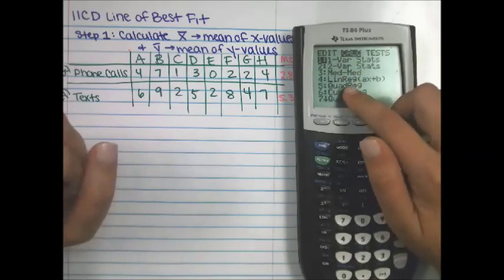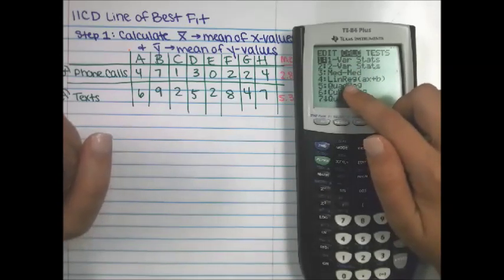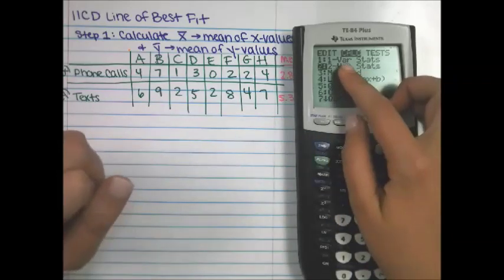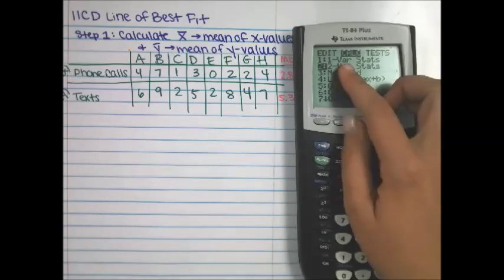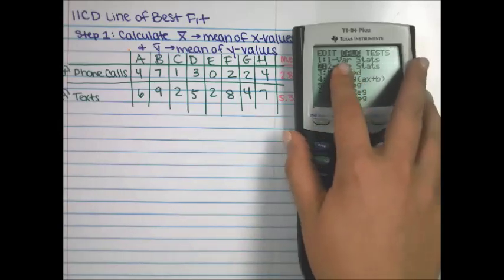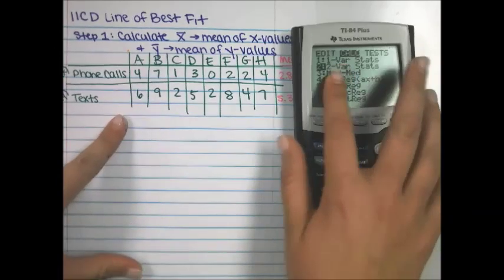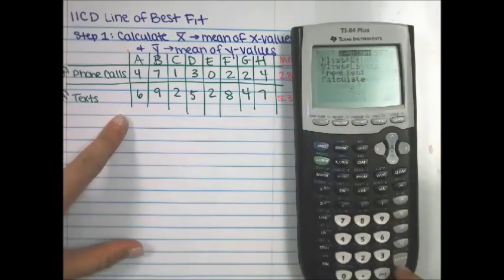Last time we used number 4, which finds your R value to determine your correlation. This time I have 2 variables. One variable statistics found the mean, median, mode, standard deviation for one set of data. Here I have 2, so I'm going to do 2-variable statistics.